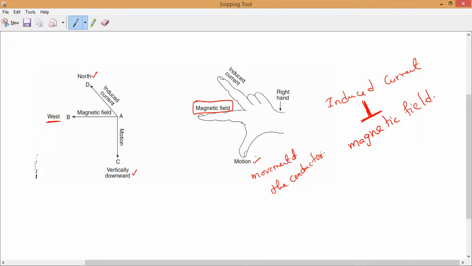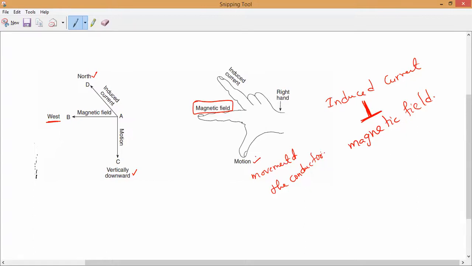So left hand and right hand are the same, but with the left hand we found the movement of the conductor, and here we are using the right hand for finding the induced current.